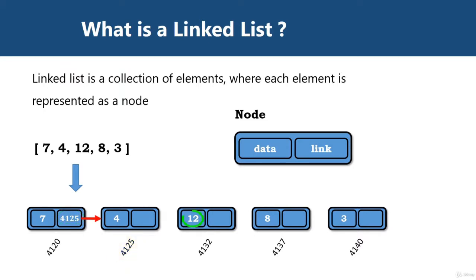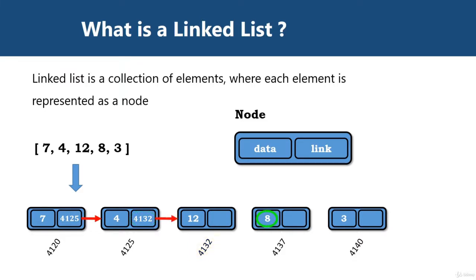In the same way, we have element 12, whose memory address is 4132, which is stored in the link part of node 4, because element 12 is the next element after element 4.